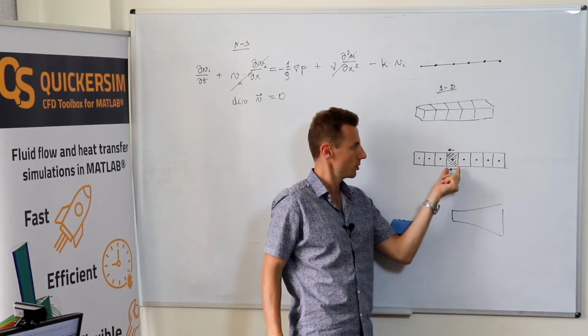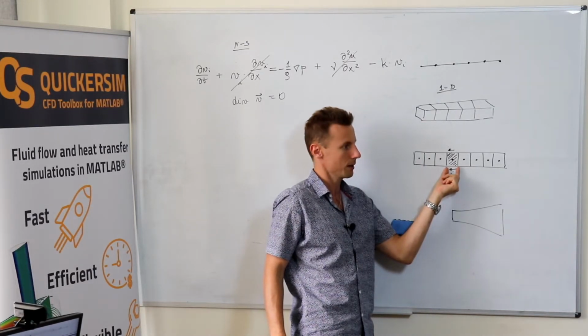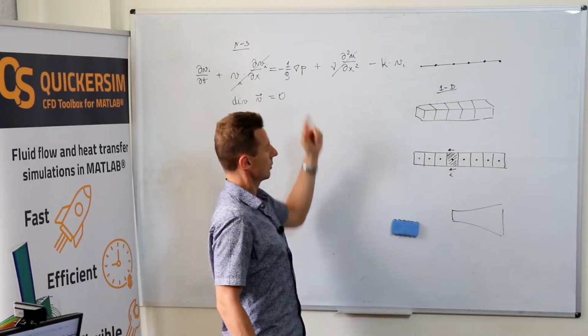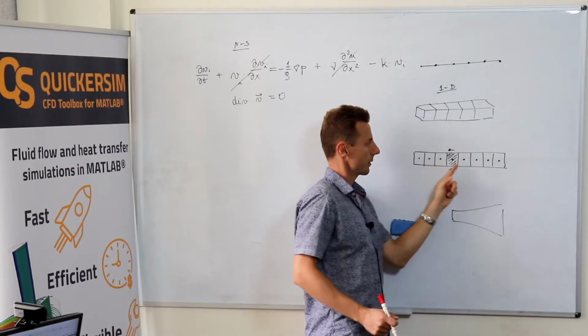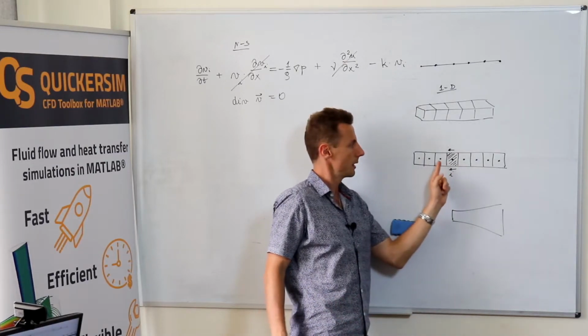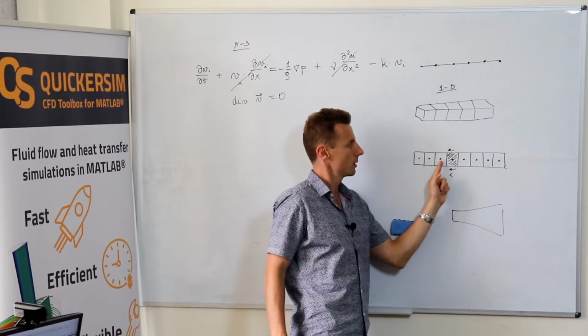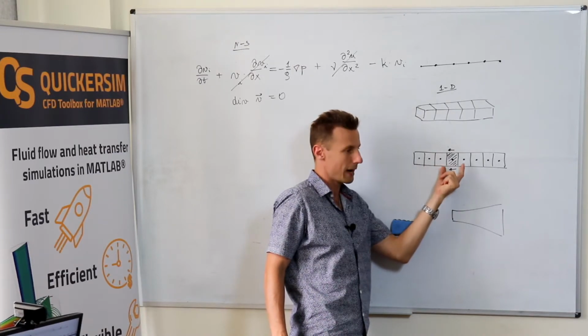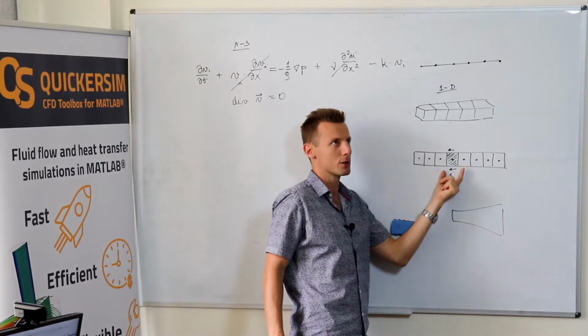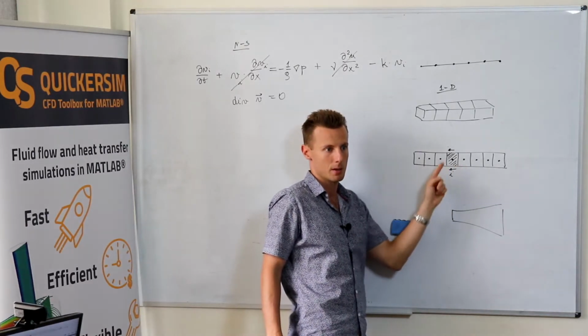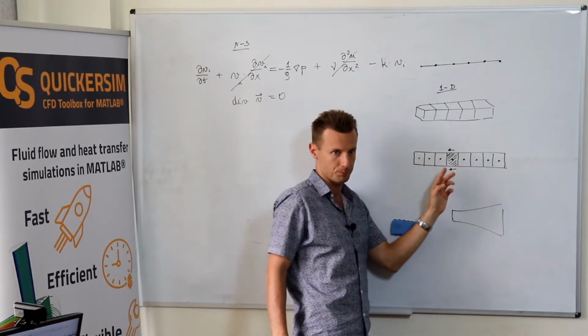So what you would do physically to account for the pressure difference is you would write, okay, I should take this pressure and this pressure to calculate how large is the pressure difference that accelerates this fluid element to the right side.